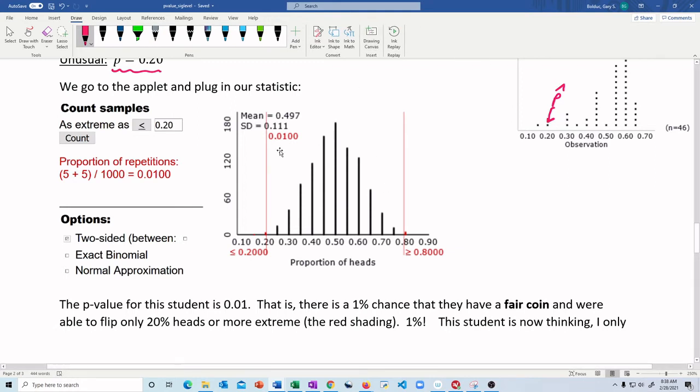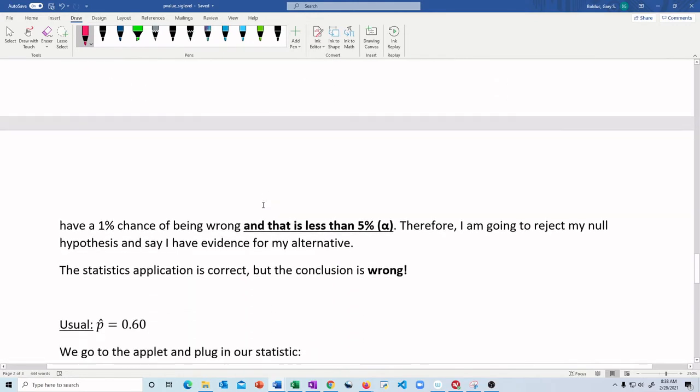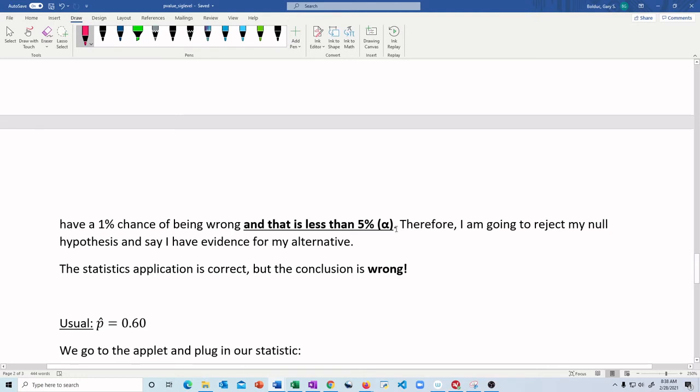The student takes this information and says, okay, well, either using the p-value or my 2SD rule, this is an unusual statistic, all right? This is an unusual statistic, therefore, I'm going to reject the null and say, haha, my coin's not fair.